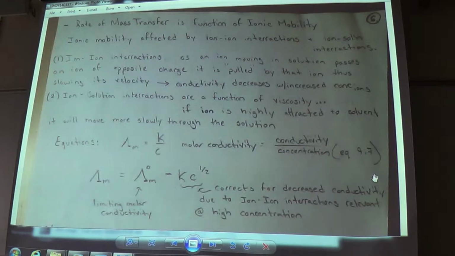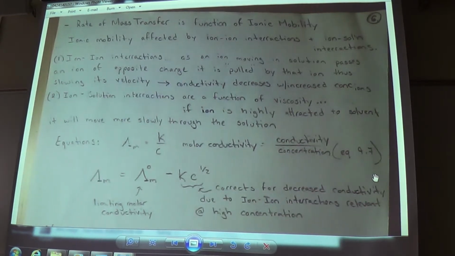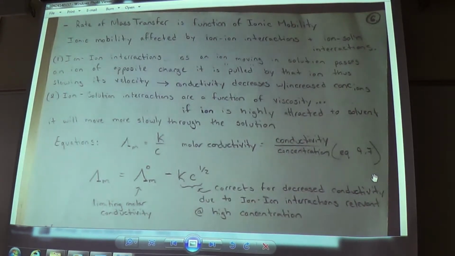We said that when you've got ions in solution, a negative ion in general is going to be surrounded by positive ions, and as it tries to migrate through that solution, if it passes a positive ion, that ion is going to pull it back, retard its movement. We said that in general, being an ion in solution lowers your chemical potential. This means that you're bound with stronger forces essentially to that solution.